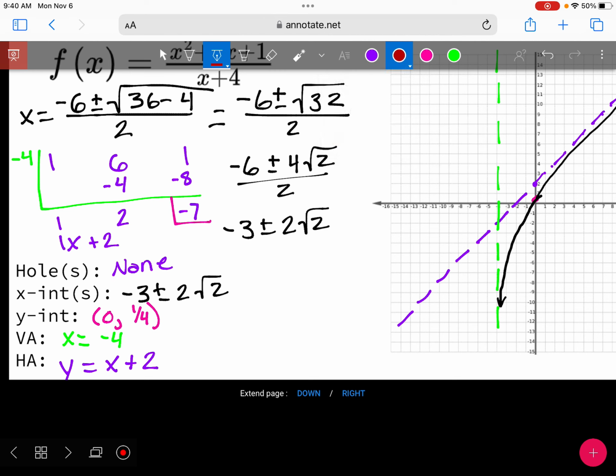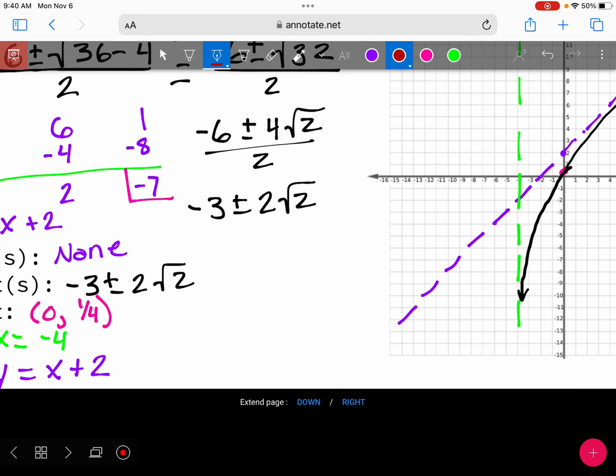So let's pick something left of my vertical asymptote, maybe -5. And we can substitute that in. So let's do f of -5. We can do -5 squared, which is 25, plus 6 times -5, so -30, plus 1, over -5 plus 4, which is -1.